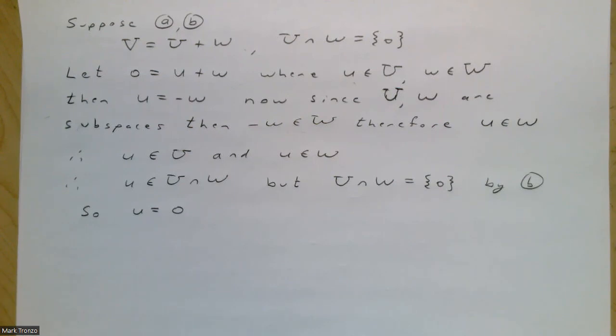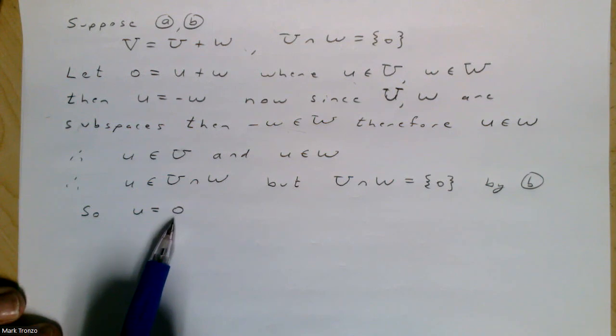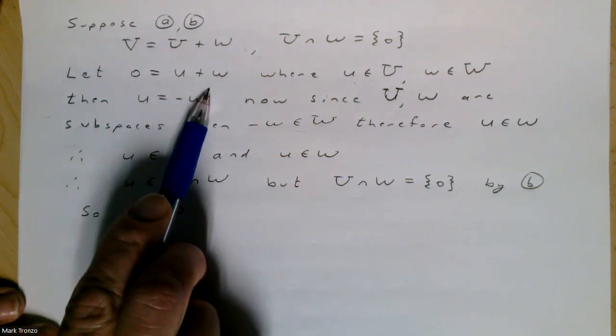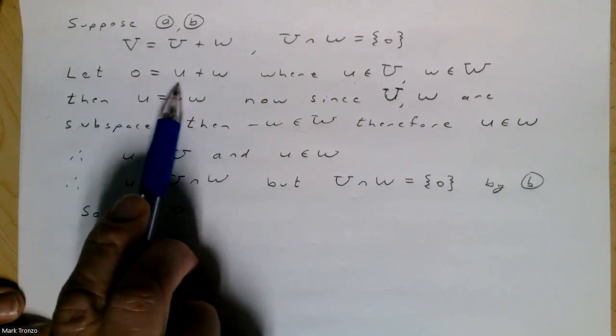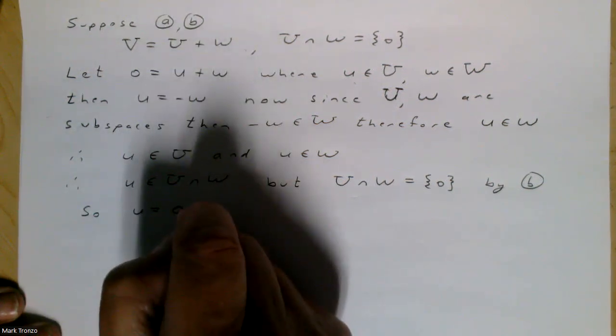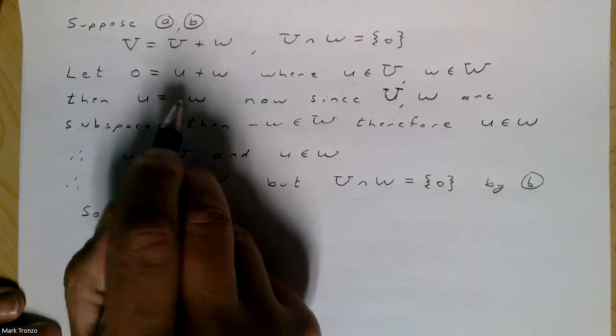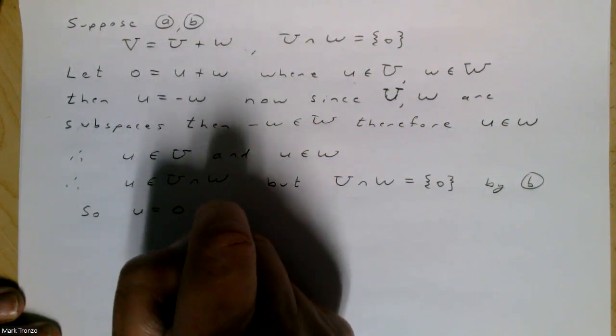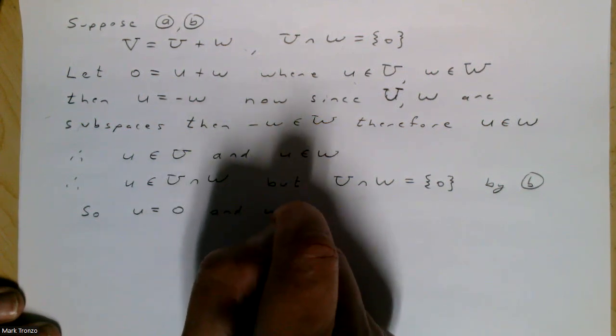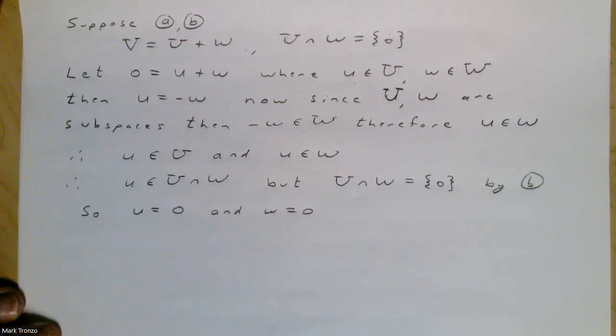So now once again, we have established u is in W, and therefore, because we had let 0 equal to this, so u is equal to 0, and w has to be 0 from up here.